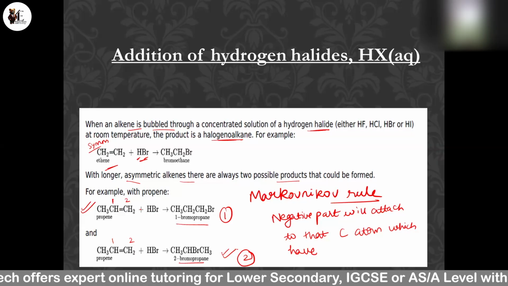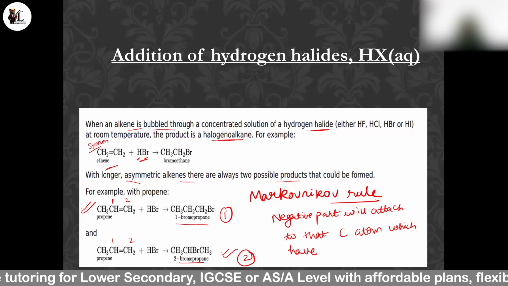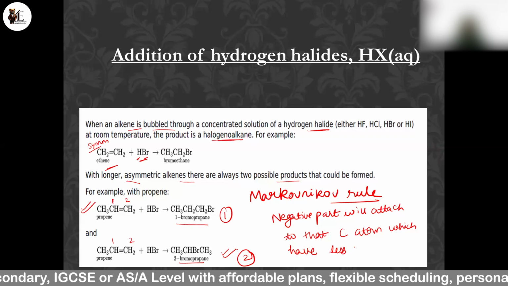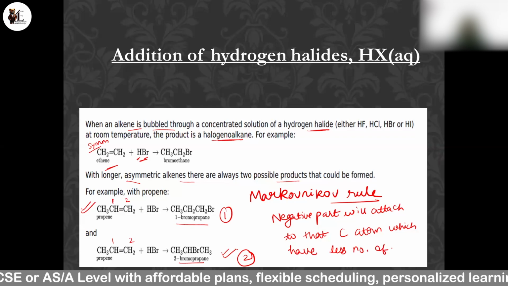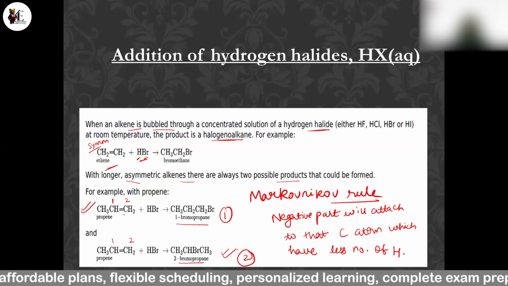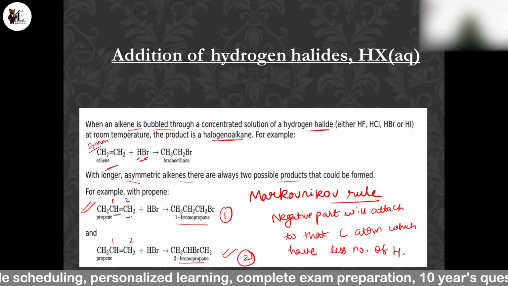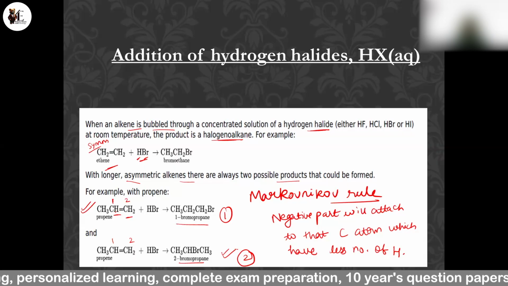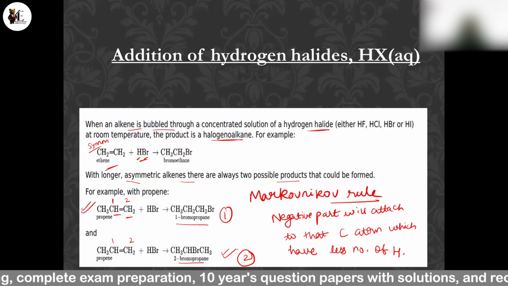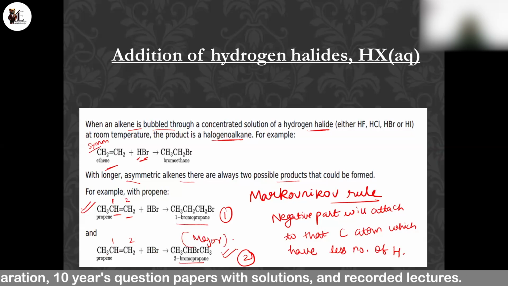Br, yes, Br is the negative part. So the negative part will attach to that carbon atom which has less number of hydrogens. Is the lesser number of hydrogens at the first carbon or second carbon? At the first carbon. So when the Br is attached to the first carbon, it would be the major product. That's why we can say that the second one is the major product.